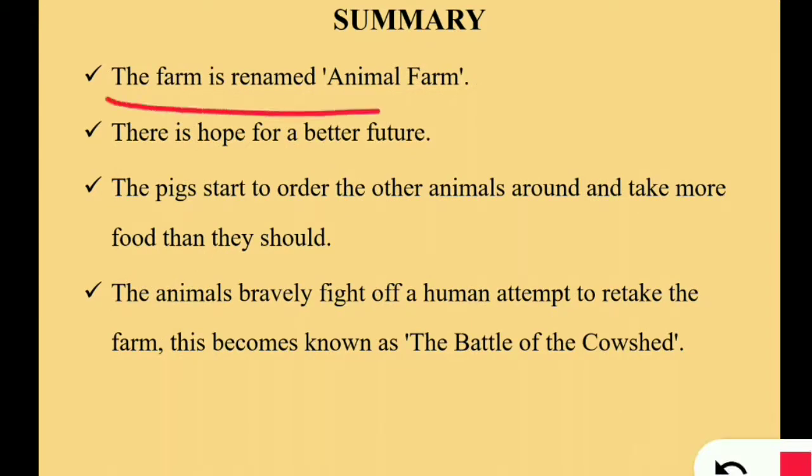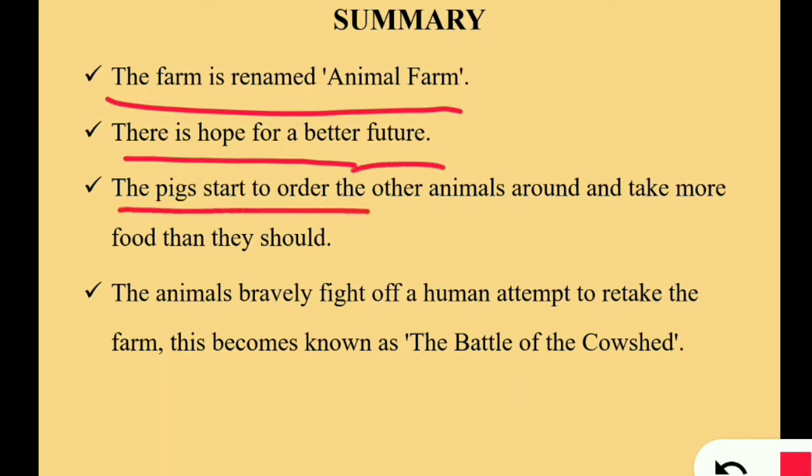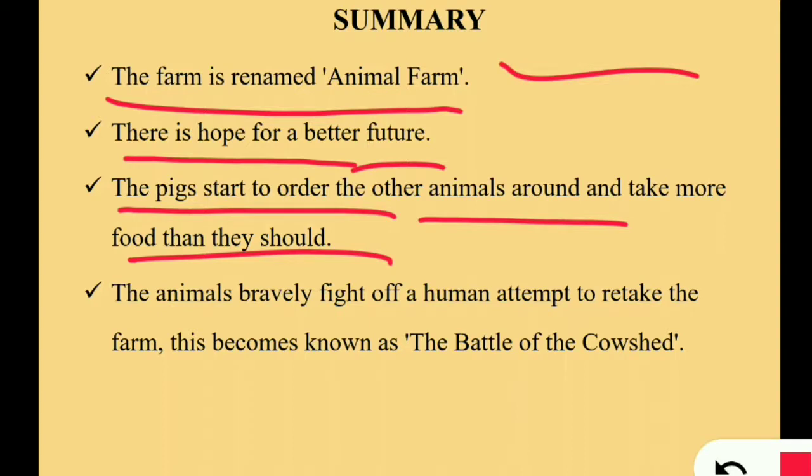The farm is renamed Animal Farm. There is hope for a better future. The pigs start to order the other animals around and take more food than they should. Here, the name of the farm is now changed to Animal Farm. There is a hope of a better future.